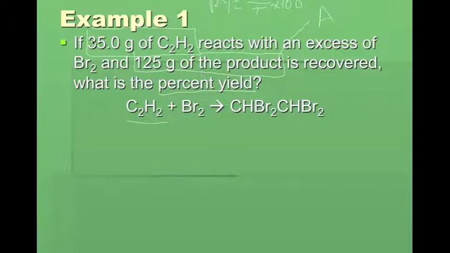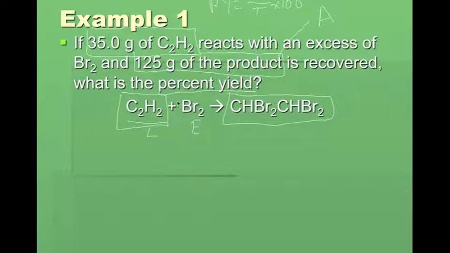We're going to use our 35.0 grams of C2H2, and that is our limiting reactant because we know that the other is in excess. So we start with 35.0 grams of C2H2 and convert it into grams of our product. It's going to be a gram to gram conversion. Let's box the two things we're dealing with: C2H2 and C2H2Br4.